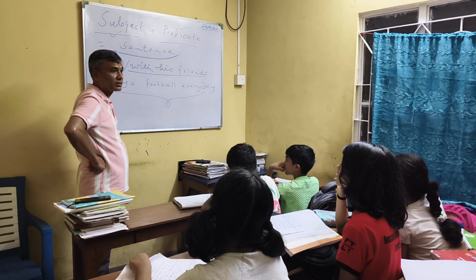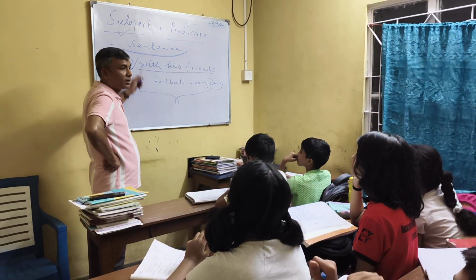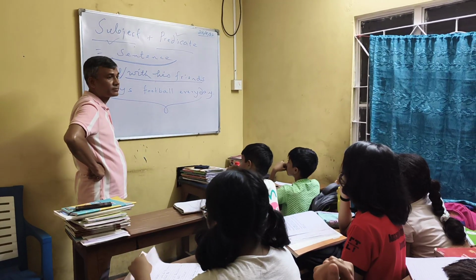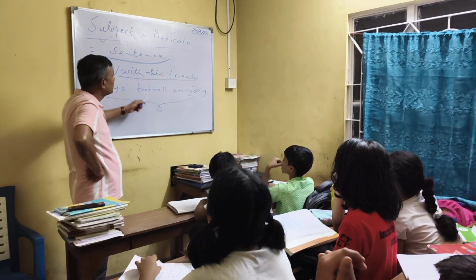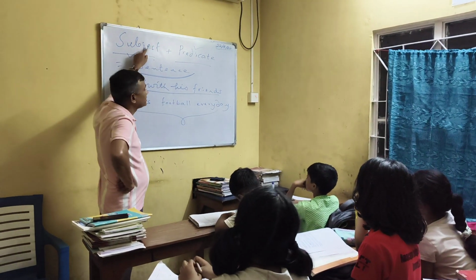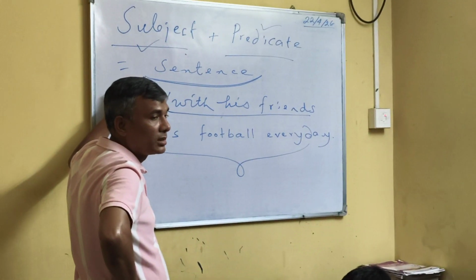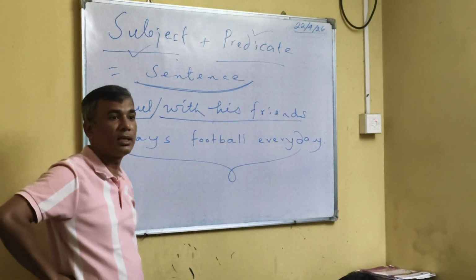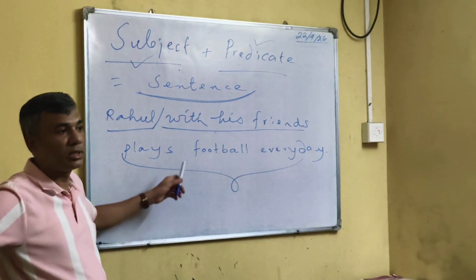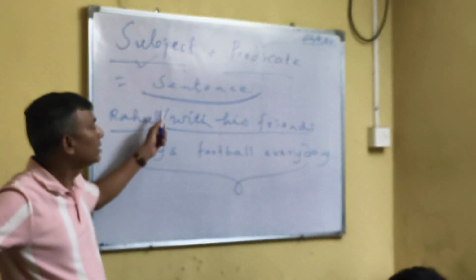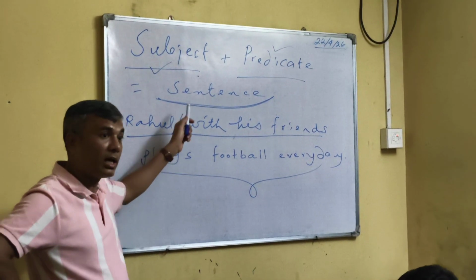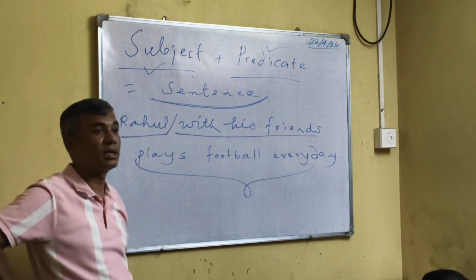Which one is the subject? Rahul. And what is told about the subject? This is the predicate. This is the subject, Rahul. In a sentence we have enlargement. Whenever we write all about the subject, it is the predicate.